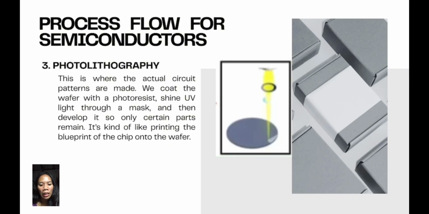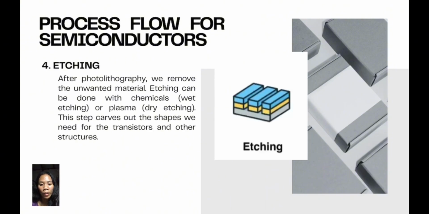It's kind of like printing the blueprint of a chip onto the wafer. The fourth one is etching. After photolithography, we remove the unwanted material. Etching can be done with chemicals or plasma. This step carves out the shape we need for the transistor and other structures.